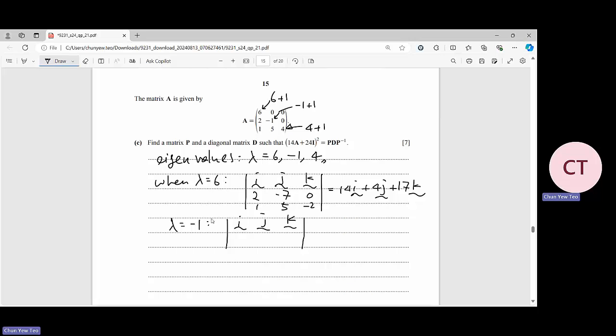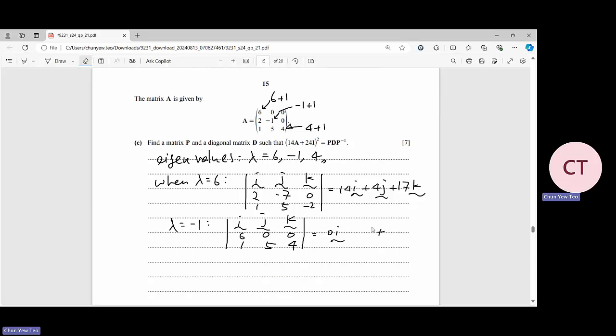The first and second are the same, so I choose the first and the third. If you choose the first, you will get 0i, and the j is not 0j, I made a mistake.